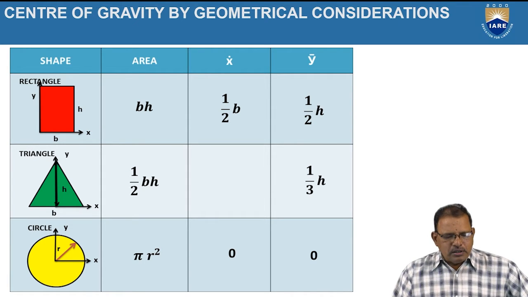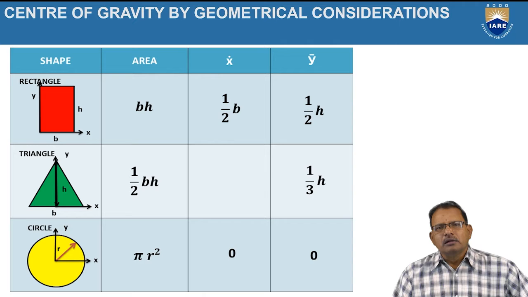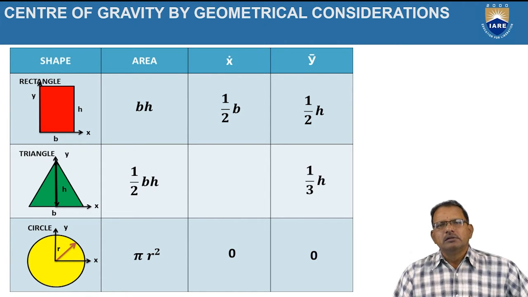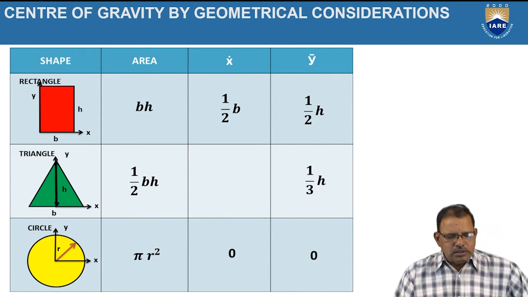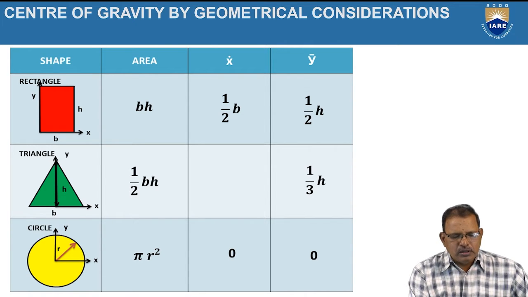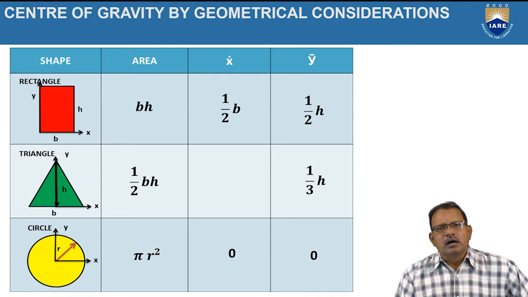Let the x-axis and y-axis represent the reference axes passing through the bottom of the figure and the extreme left of it. The total area is given by the product B into H. The centroid is at a distance with respect to the y-axis given by B by 2, and with respect to the x-axis at half of H.